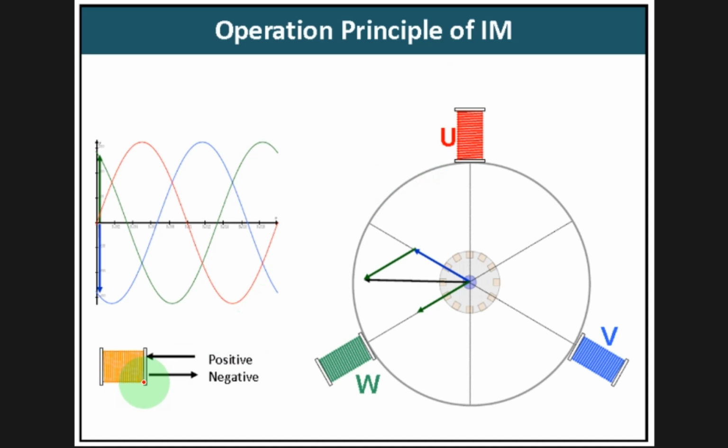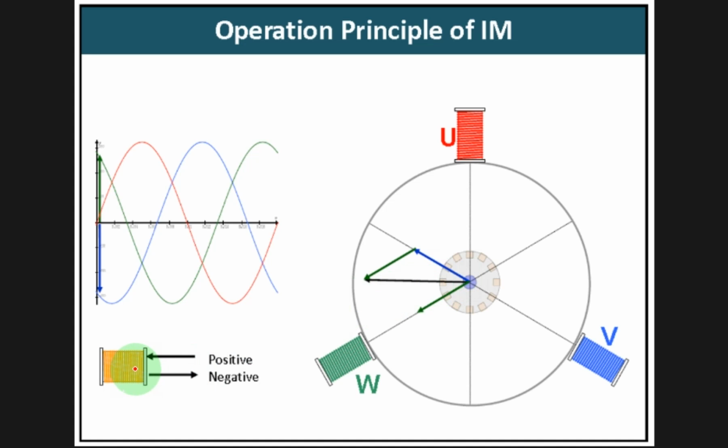But here we are going to use a convention in drawing the resultant magnetic field, because those three magnetic fields will cause one single resultant magnetic field.